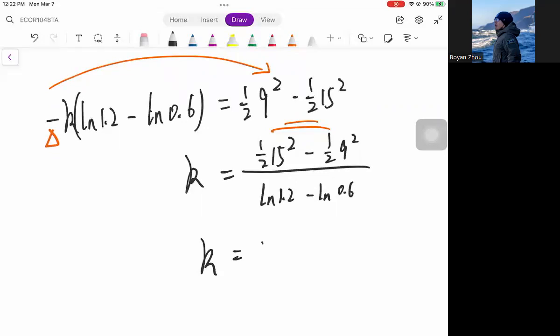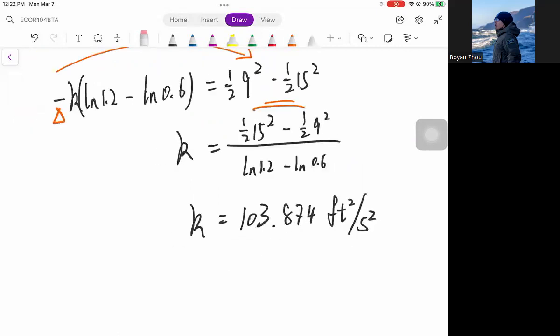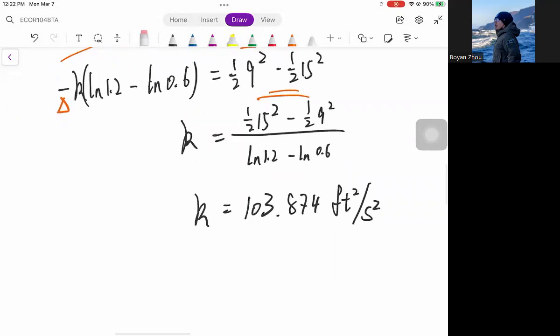And we're going to have k is equal to 103.874. The unit actually doesn't really matter here because it's just a constant, but I'm still going to put it there. So now we have k.